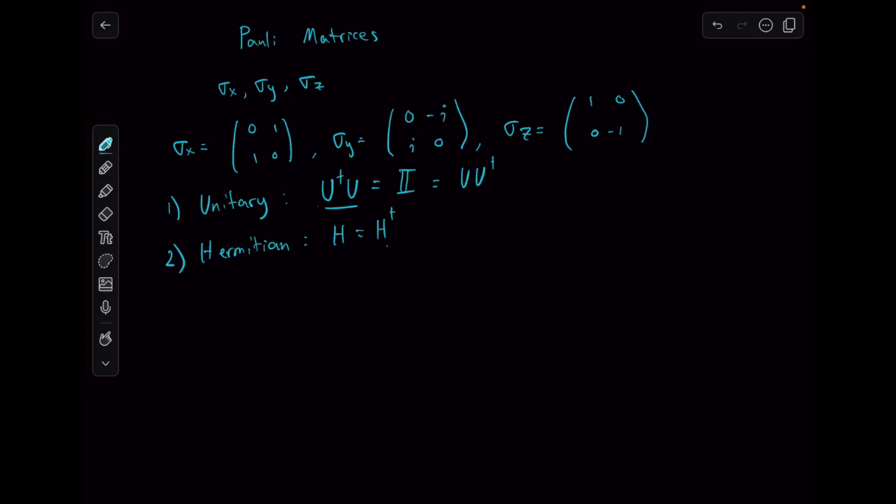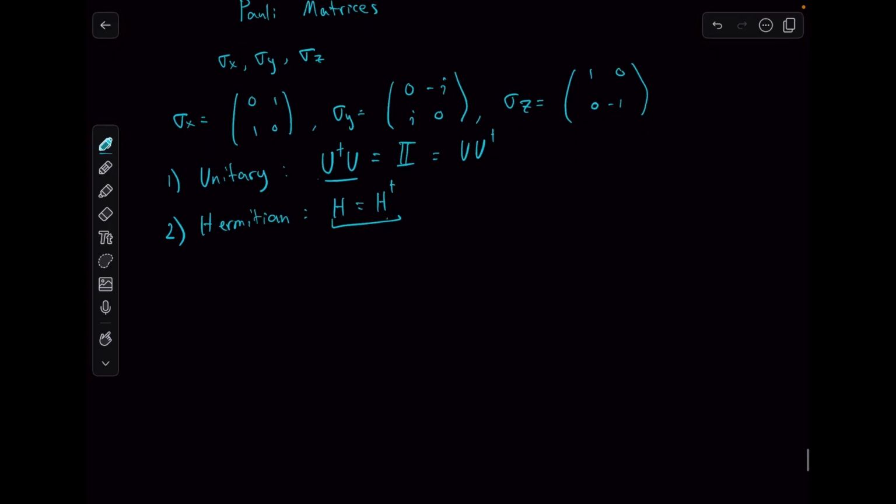A consequence of this definition for Hermitian matrices allows us to build up a nice mathematical formalism for observables in quantum mechanics and things that we can measure. So remember, Hermitian operators correspond to observables. Namely, their eigenstates are the different states that you can find a quantum bit to be in. Now, the thing about these Pauli matrices is that they're all unitary and they're all Hermitian.